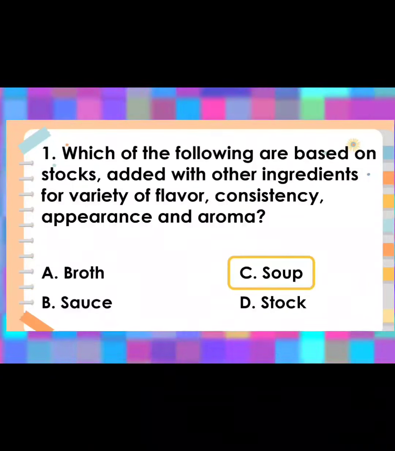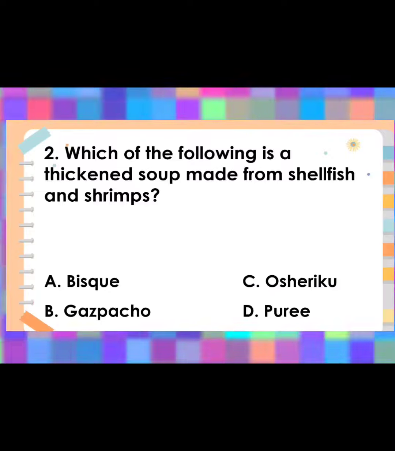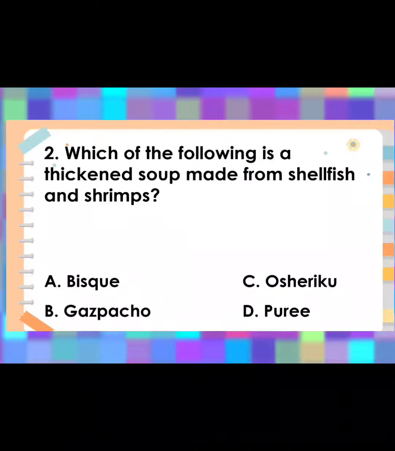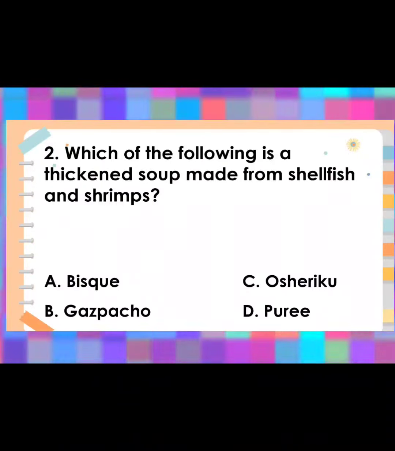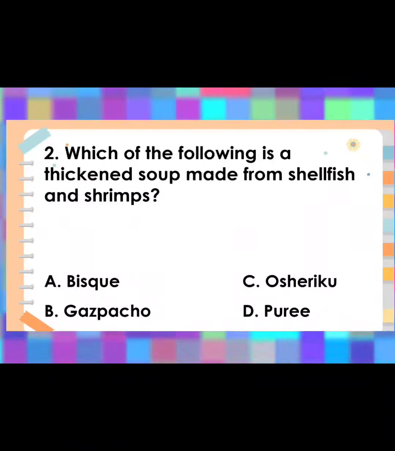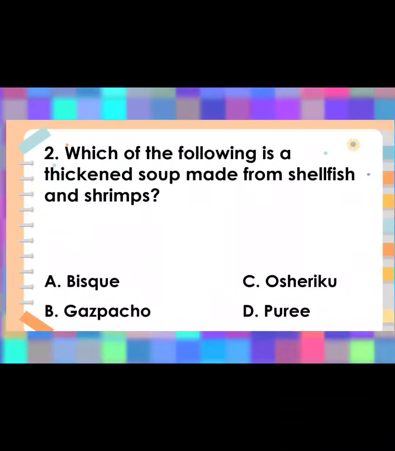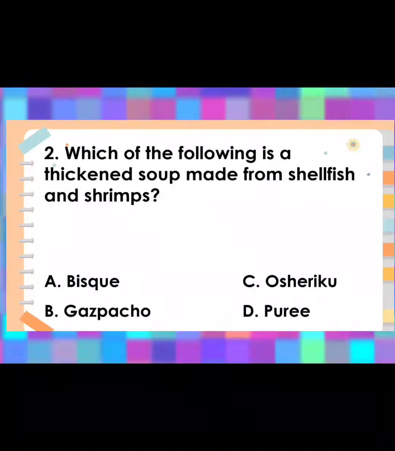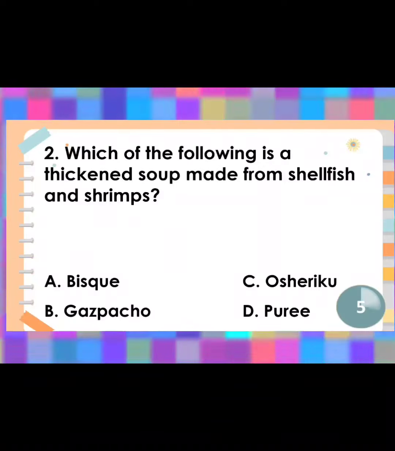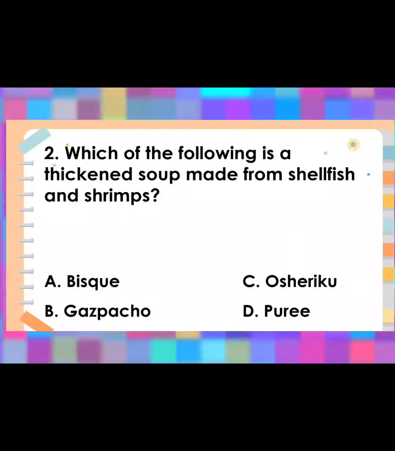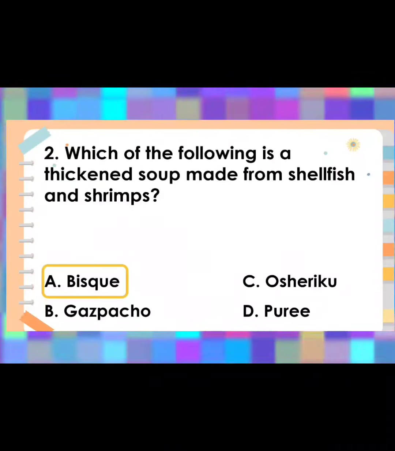Soup. Number 2. Which of the following is a thickened soup made from shellfish and shrimps? A. Bisque, B. Gazpacho, C. Osheriku, D. Puree. Correct.